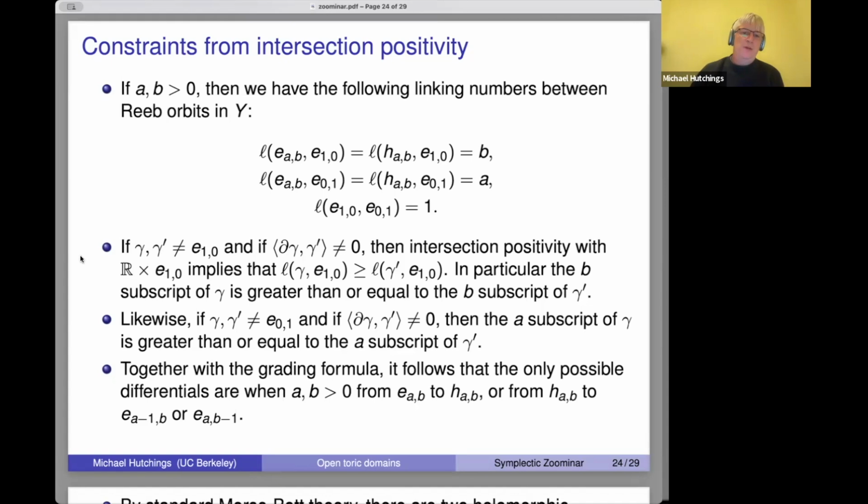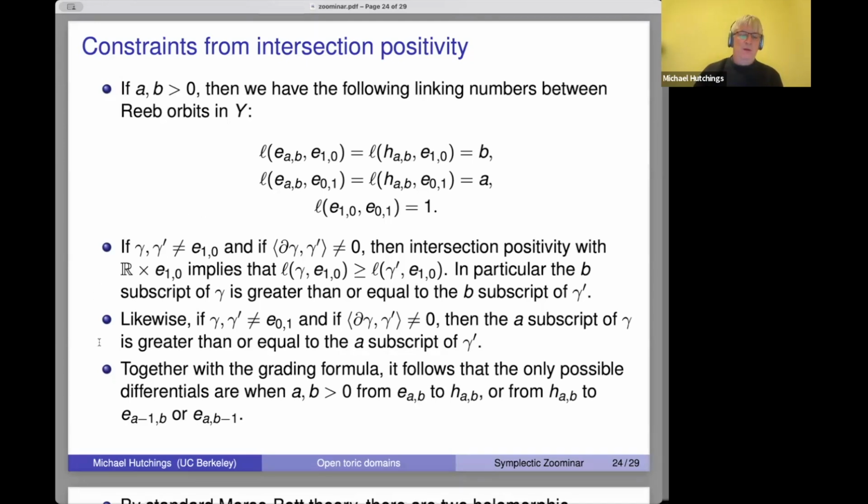And you can compute that intersection number. It's just the difference of linking numbers. So the linking number of gamma with E_10 has to be greater than or equal to the linking number of gamma prime with E_10. Now we can compute all of the relevant linking numbers here. The linking number of E_AB or H_AB with E_10 is just B. So that means if this differential is non-zero, then the B subscript has to decrease or stay the same.